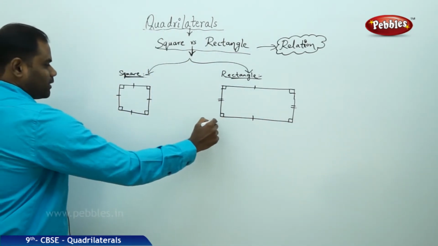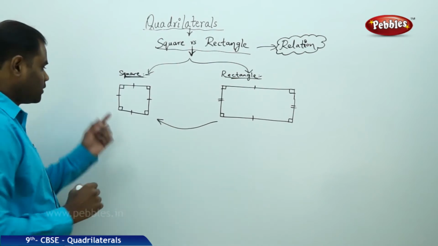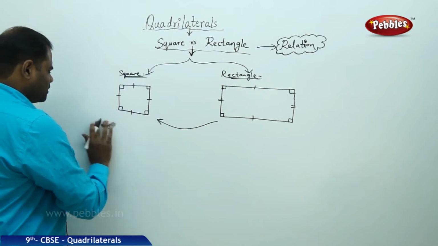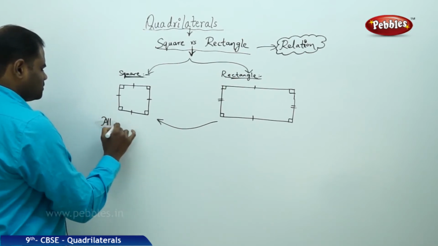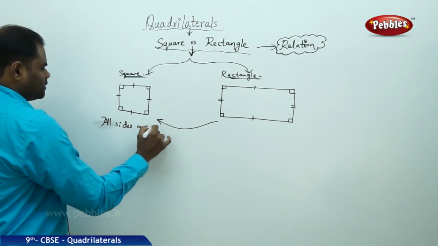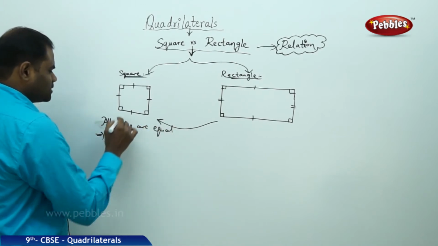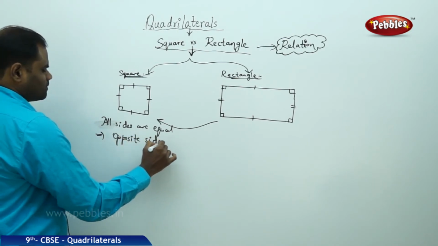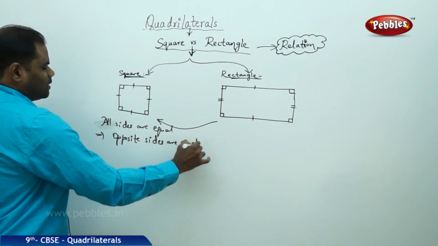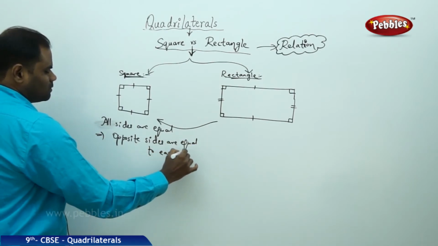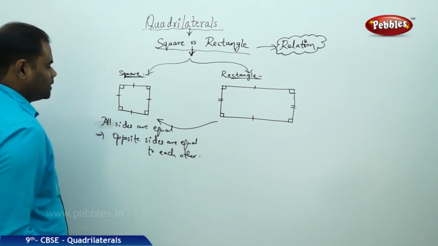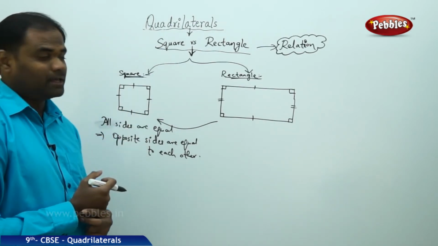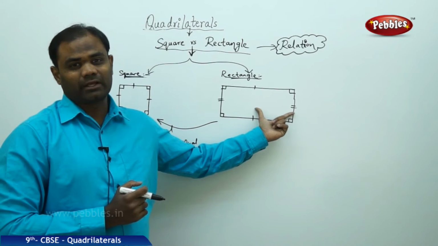So I can understand a rectangle through a square because for a square, when all sides are equal, it implies opposite sides are equal to each other. Therefore, all sides are equal implies opposite sides are equal to each other. Therefore, this retains the property of a rectangle.